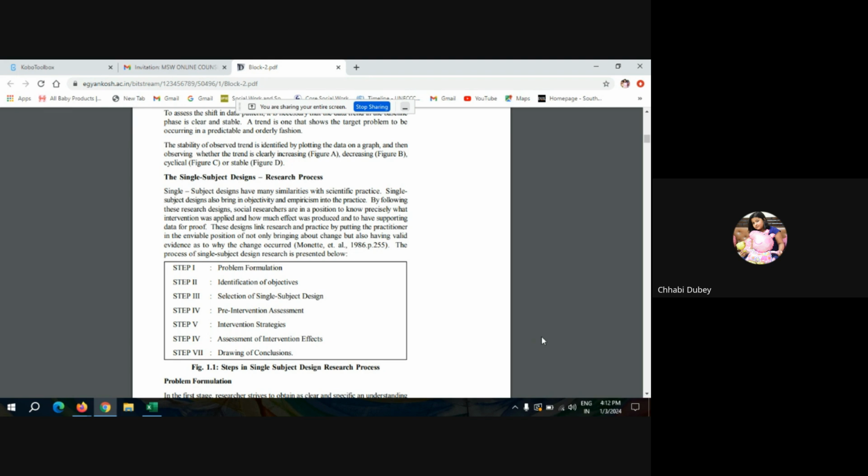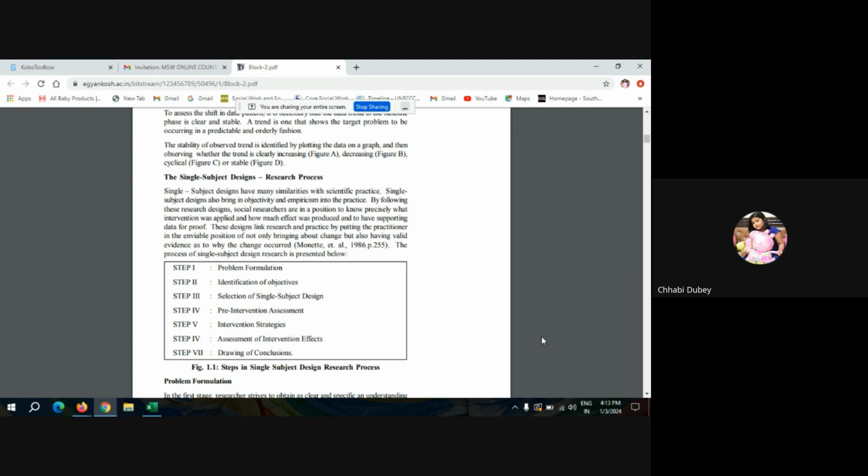By following these research designs, social researchers come to know precisely what intervention was applied and what effect was produced, and of course they have the supporting data and other proofs to support their results.